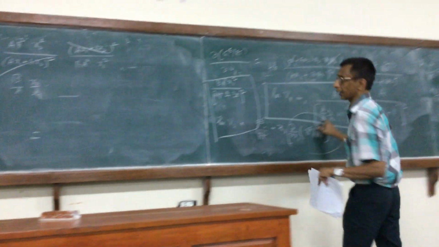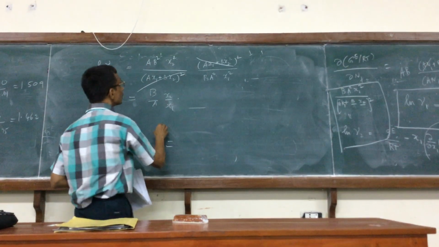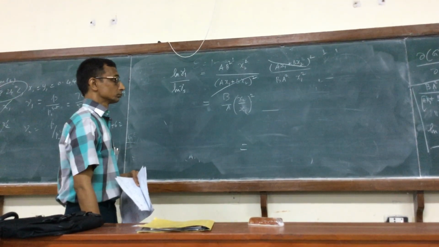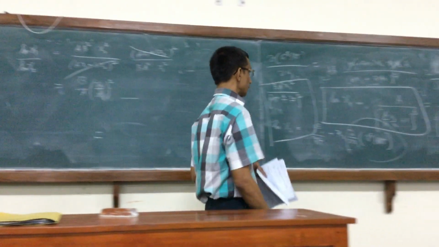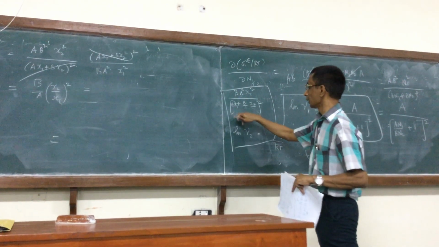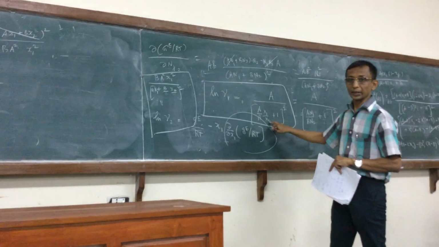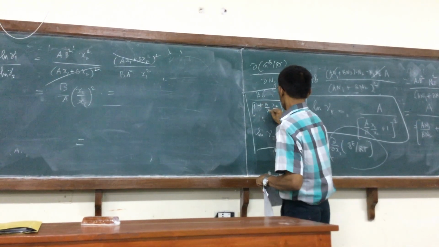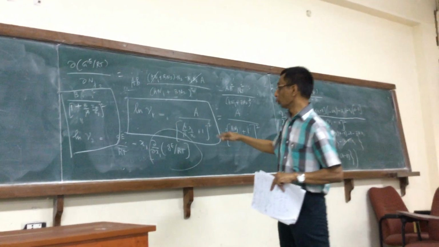But if you look at the earlier way of writing it, it's always Bx2 by Ax1 that is appearing as a group.